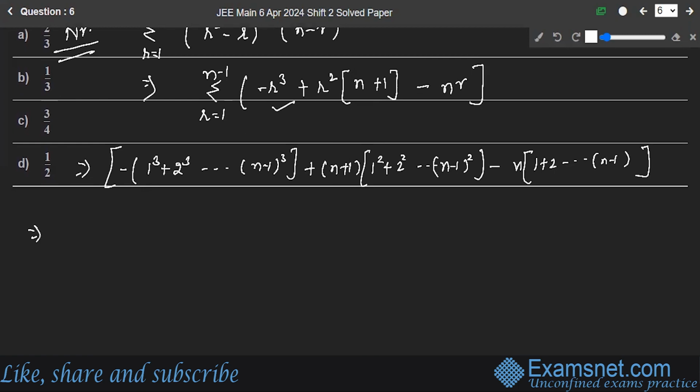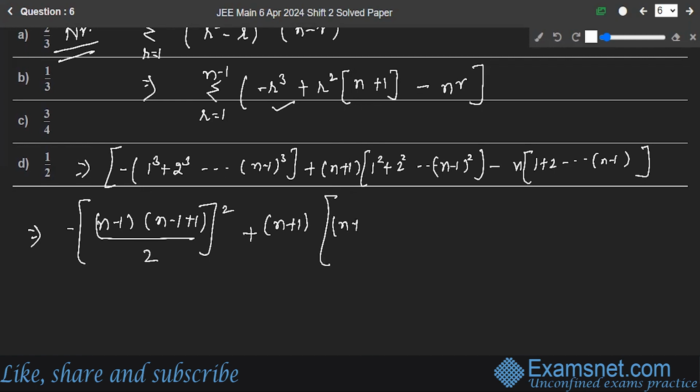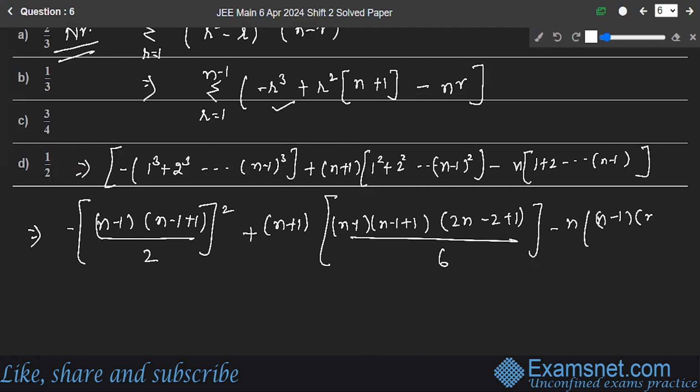This is given by the summation, with minus outside: n into n plus 1 upon 2 whole square, plus n into n plus 1 into 2n plus 1 divided by 6, minus n into n plus 1, or this is minus 1 and plus 1, divided by 2.